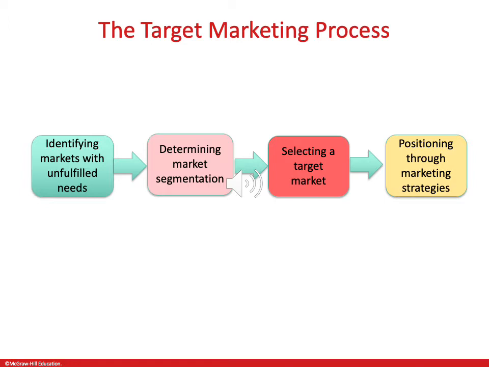And then once we've identified a specific target market, then we can go through the process of positioning to make our brand promise the most relevant and appealing and motivating to that specific target market.